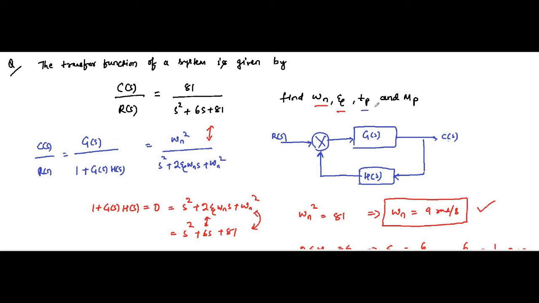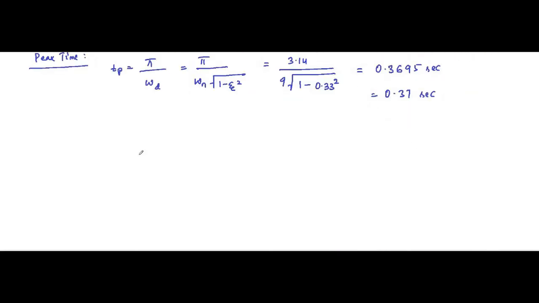Then we have to determine the peak overshoot. We know that the output response curve reaches various peaks. That peak overshoot, in terms of percentage, is given as e to the power minus pi zeta by root over of 1 minus zeta square, into 100.